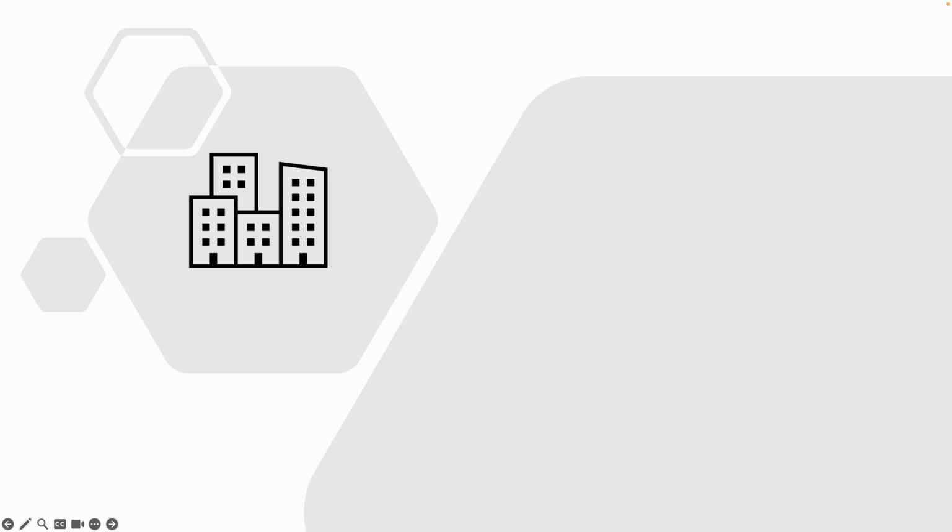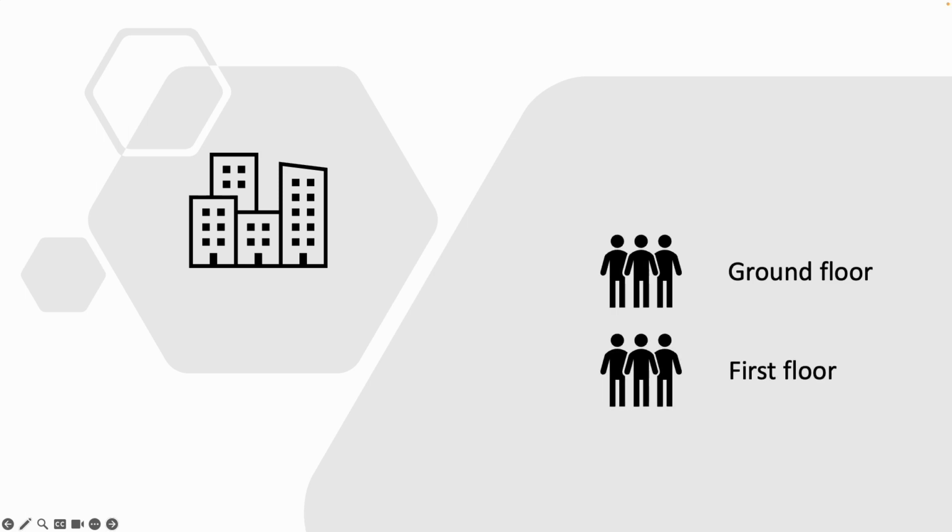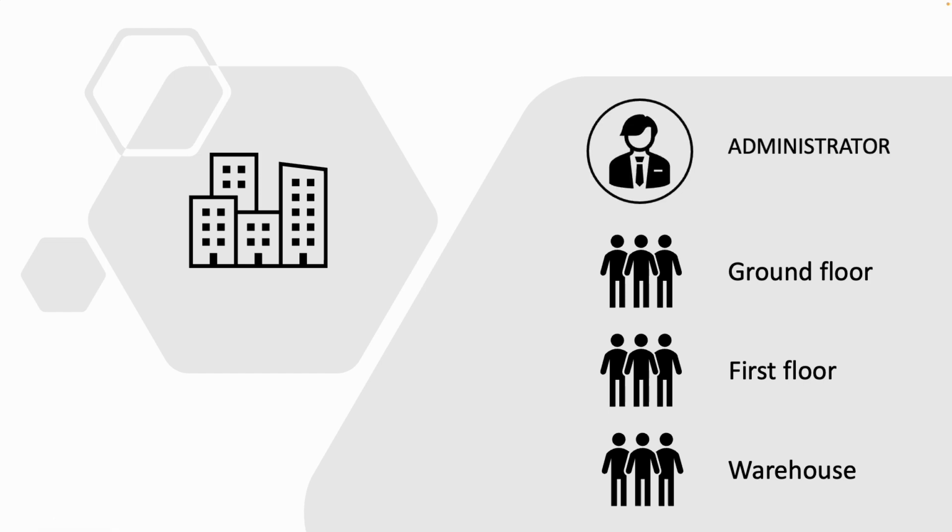Let's assume that in this company, there are three types of users: ground floor employees, first floor employees, and warehouse workers. There will also be the administrator user, the one who can create and edit users in the system.